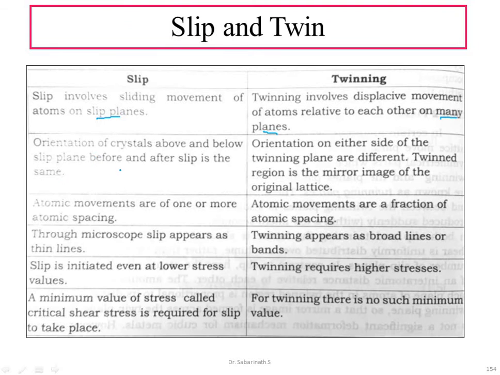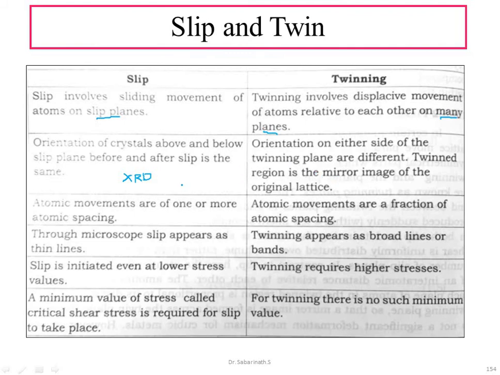Okay, that means the crystal structure we have seen in the earlier slide won't change, or in other terms, it cannot be identified with the help of XRD. But here it is entirely different.